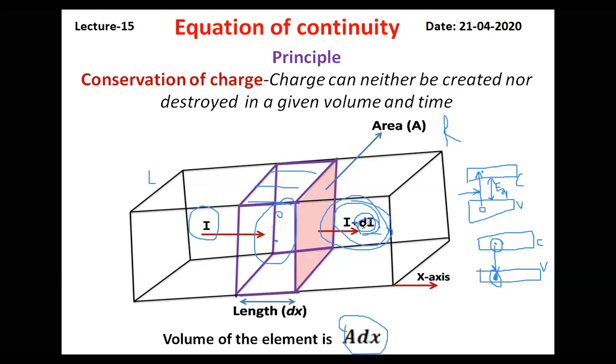The first one is the transport phenomenon, and the second one is the recombination phenomenon. And for producing the charged particles within this block, we have seen only one process, that is carrier generation.